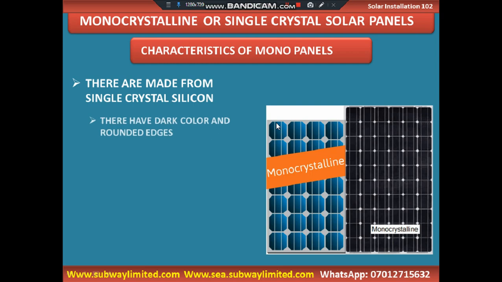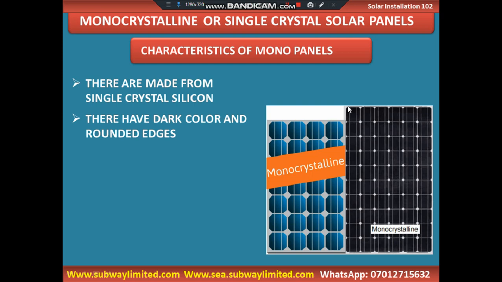Another characteristic of the monocrystalline solar panel is that they are dark in color. If you have noticed the polycrystalline and the amorphous solar panel, you will notice that the monocrystalline solar panel is darker compared to the polycrystalline solar panel.